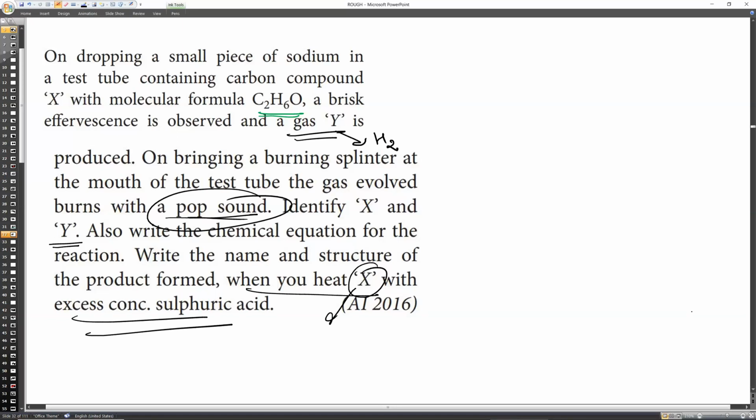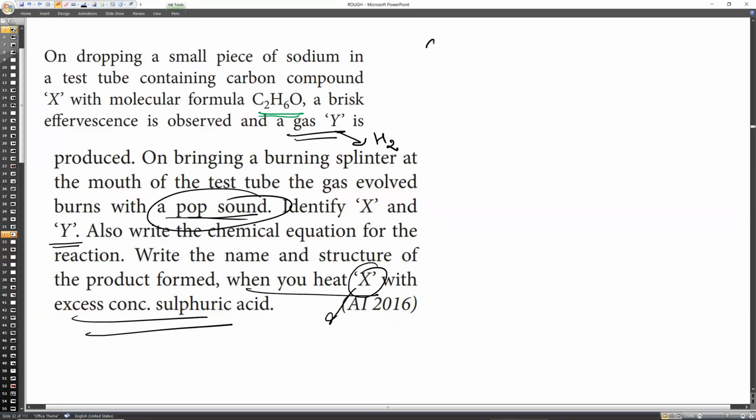Please do this question. This is a very simple question. Tell me what is being asked. What is X actually? X is ethanol. How do you see that? Alcohol, like aldehyde and ketone, has a general formula.